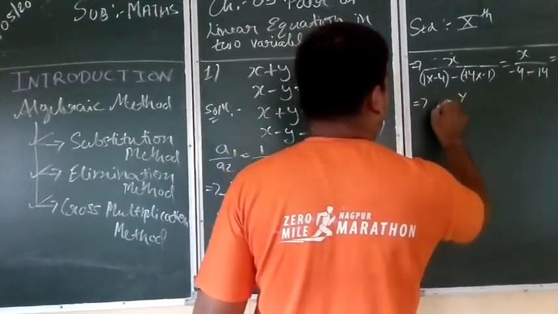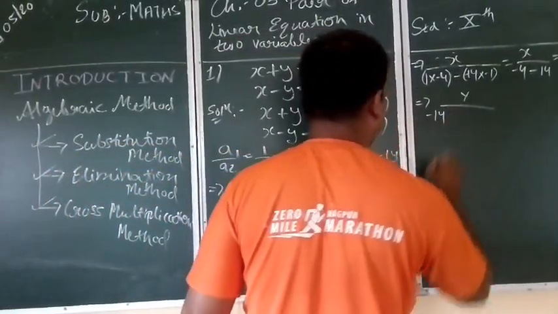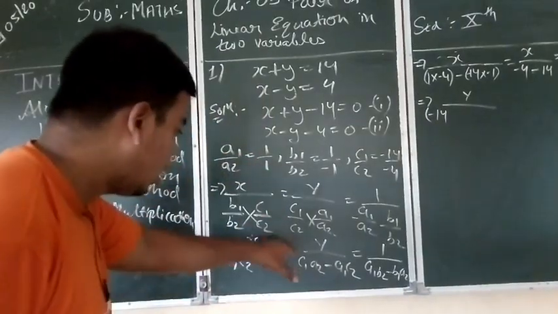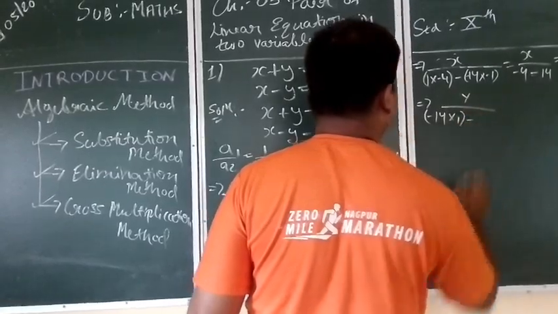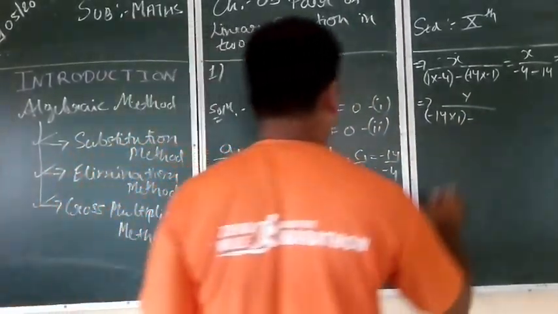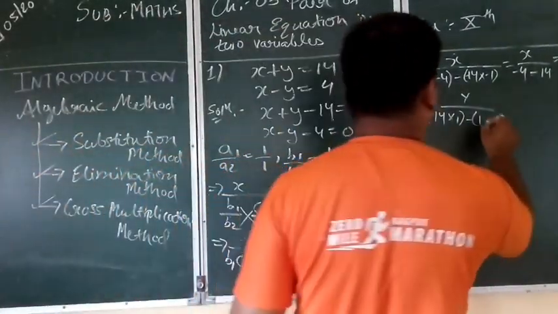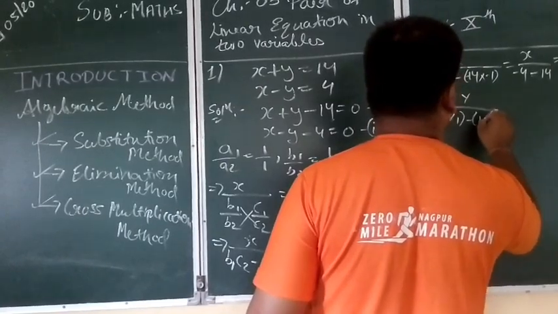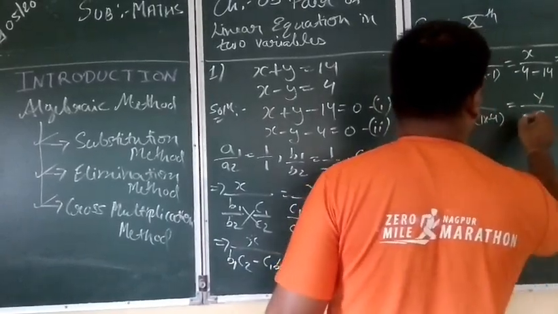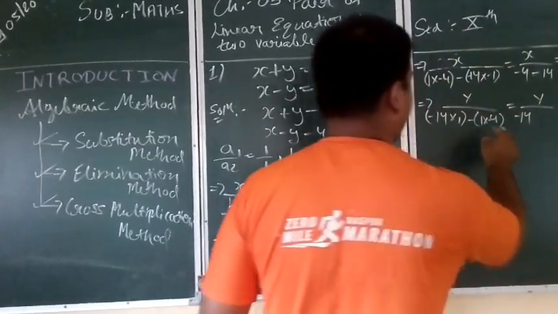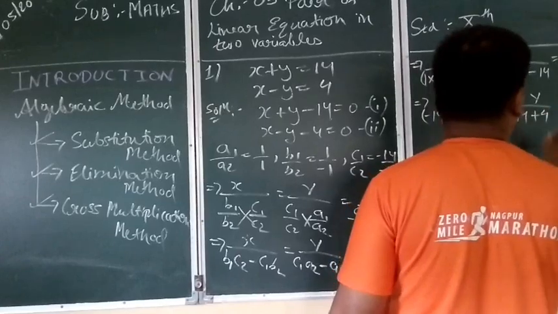Now next is y. y is c1. c1 is minus 14, a2 is 1, minus sign, a1 is again 1 and c2 is minus 4. So minus 14 minus minus 4, minus into minus is plus 4.